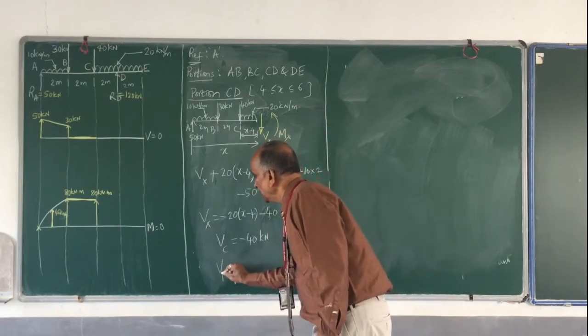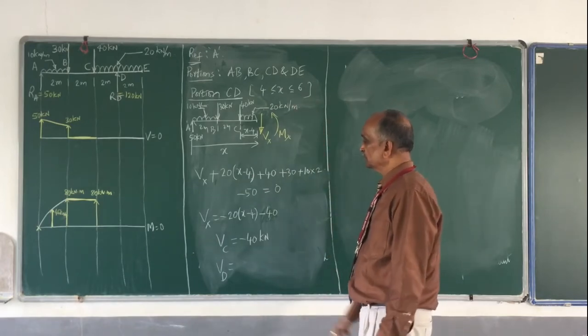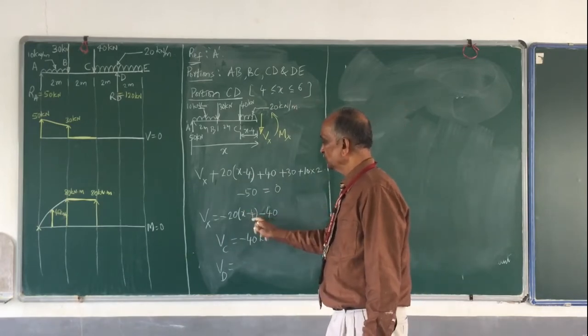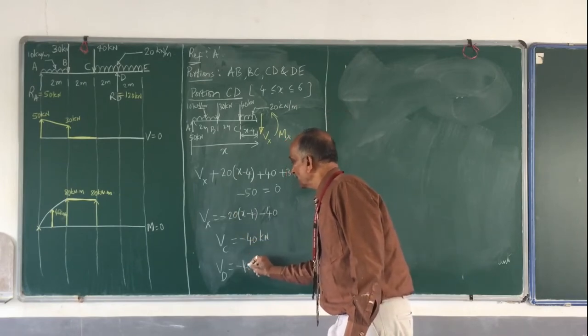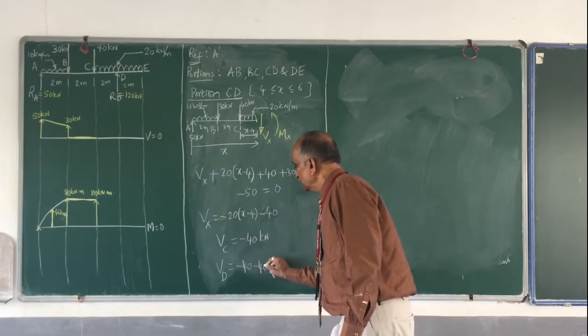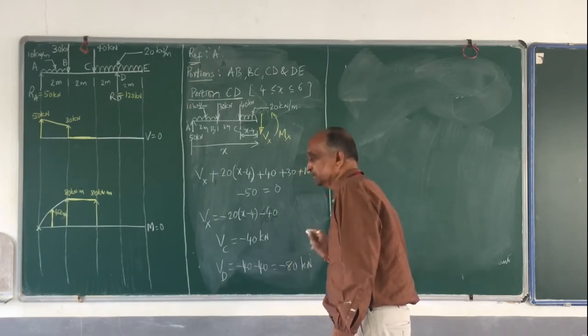And shear force at D, what is that? x is equal to 6. 6 minus 4 is 2. 2 into minus 20 is minus 40, and another minus 40. This is minus 80 kilonewton.